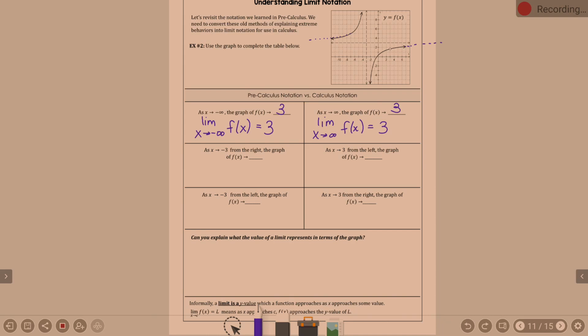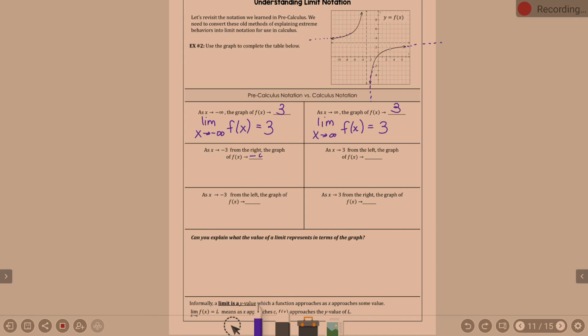As x approaches negative 3 from the right, the graph of f of x approaches what? As x approaches -3, where's -3? That is this vertical asymptote, right? As we approach from the right, following along over here, what y value am I approaching?